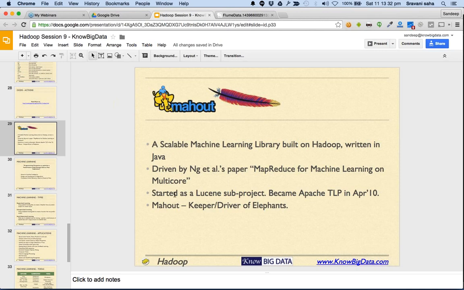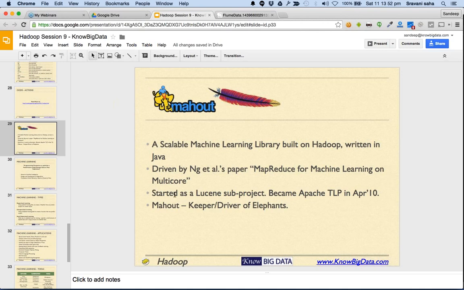Andrew Ng wrote a paper called MapReduce for Machine Learning on Multicore, and that paper became the basis for Mahout. Soon enough, it became a top-level project in Apache in April 2010.